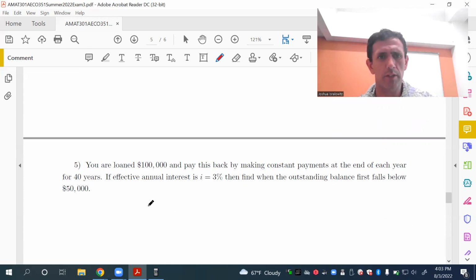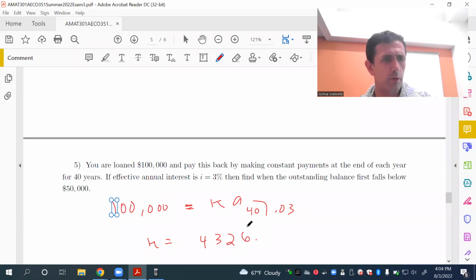Interest is 3%. Loan amount is 100,000. 40 years. It's K, loan payments. K times a angle 40 at 0.03. So we get K is 4,326.2377.